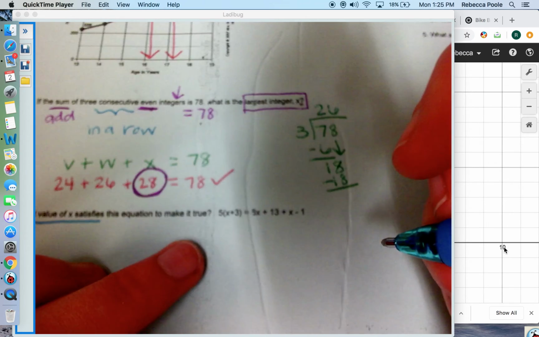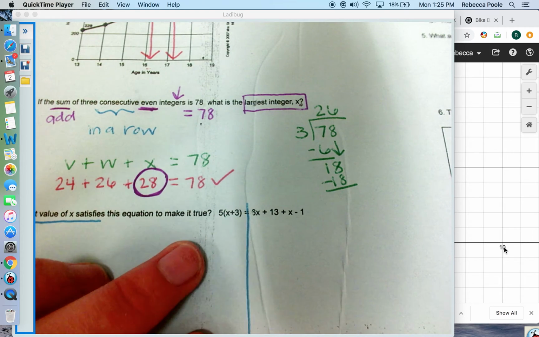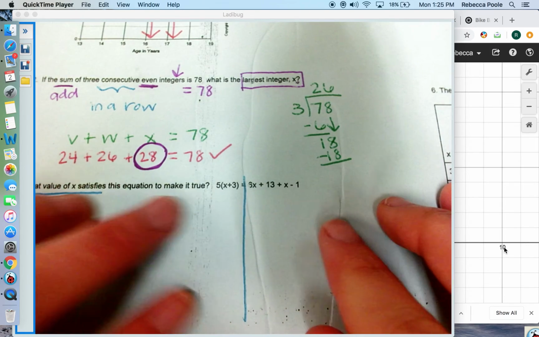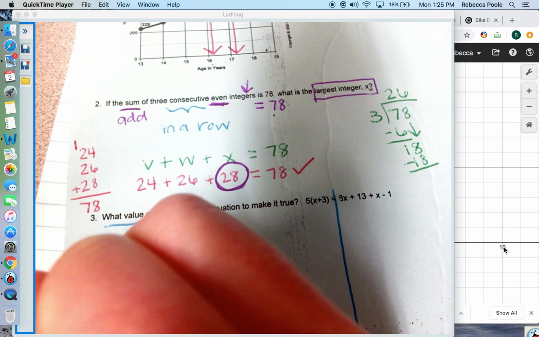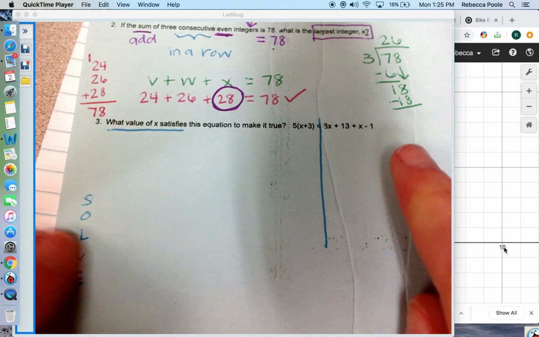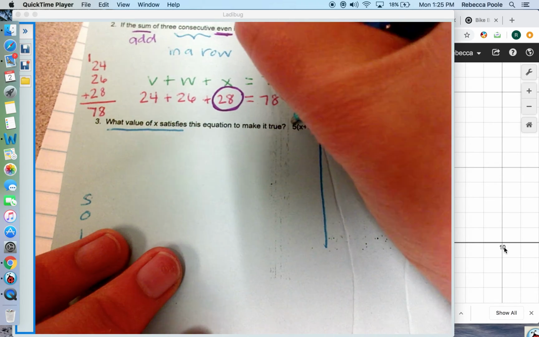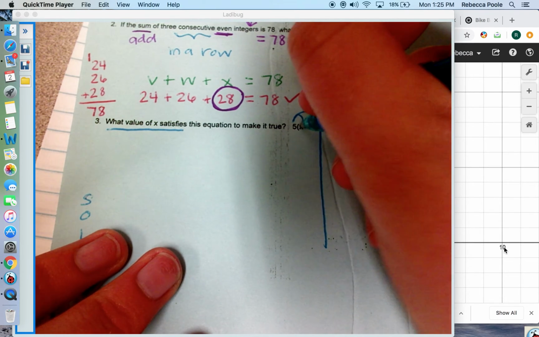Alright, so your first step, solving equations, hopefully you drew your wall. Now when we get to this part, we're on the same side, simplify. So remember your solve steps, S-O-L-V-E. My first step is to simplify stuff that's on the same side. So over here, I need to distribute because that 5 is multiplying the x and the 3.